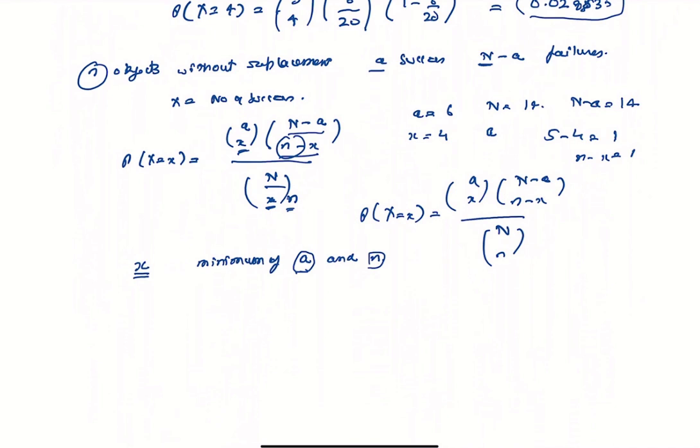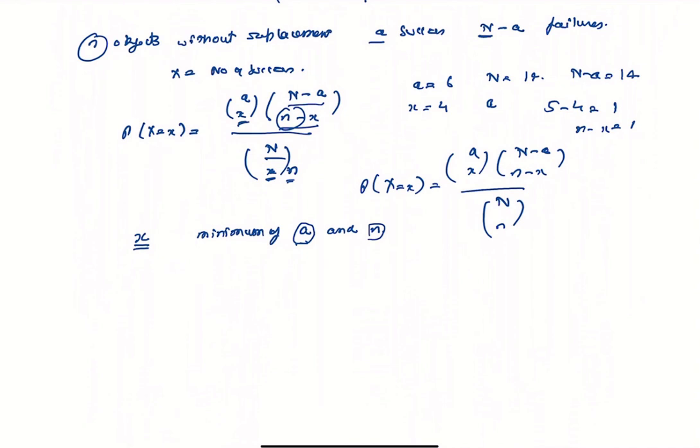And what is the mean? The mean for hypergeometric distribution is going to be n times a divided by N, where n is the total number of objects you are picking, a is the number of successes, and N is the total number of objects there.